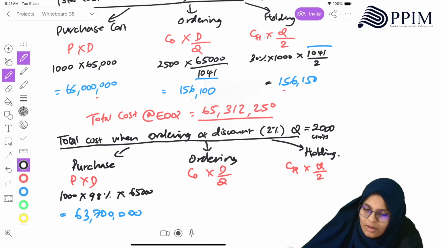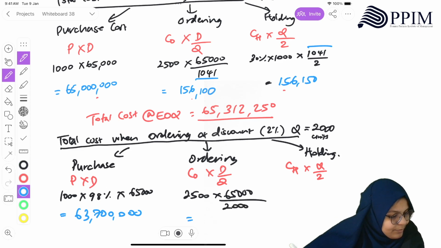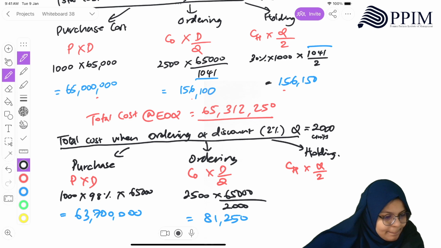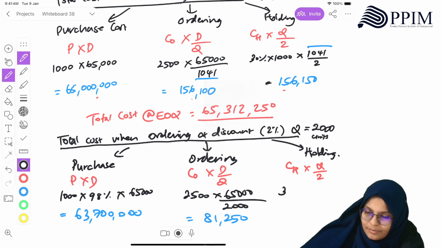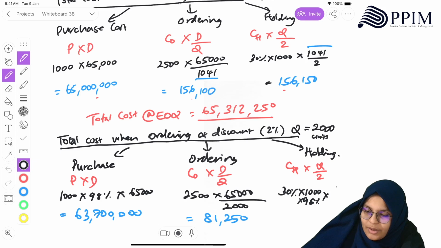Okay. Cost of ordering is the same, 2500 into demand 65,000. Quantity is 2000 this time. That will be 81,250. Cost of holding is going to be 30% again into 1000 into 98% into quantity 2000 over 2.